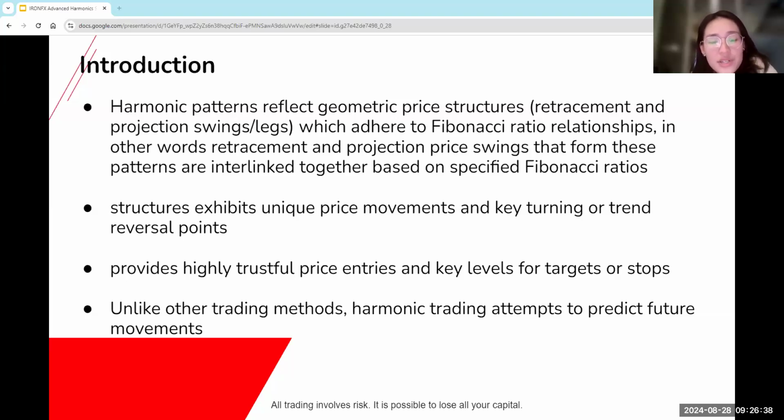This is very helpful in trading as it provides highly trustworthy price entries and key levels for targets or stops. Unlike other trading methods, harmonic trading attempts to predict future movements, and this is what differentiates it from other indicators or oscillators, which tend to be lagging, and in terms of how they work as well.